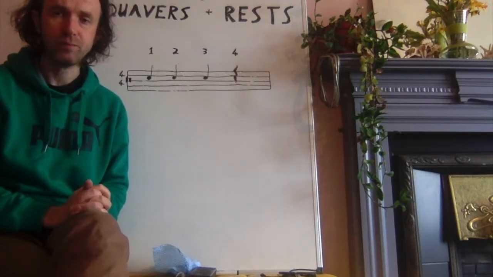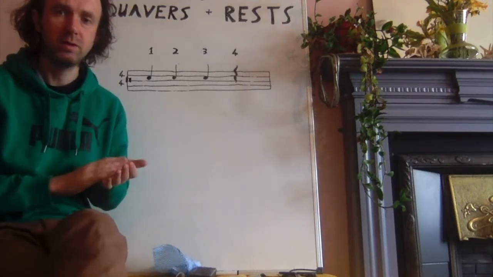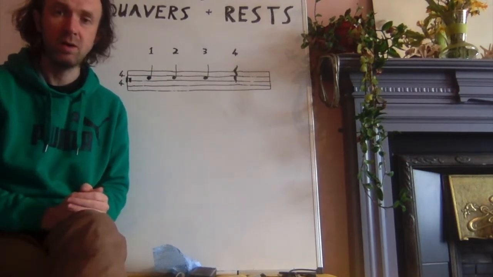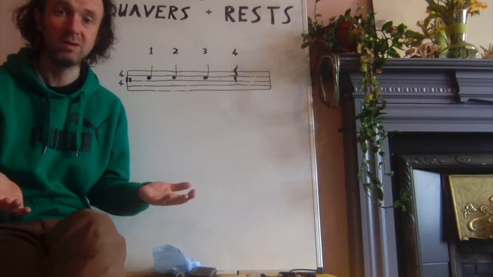So after 4, 1, 2, 3, rest. The 4th beat, you're not playing it, there's just nothing there. Let's do that again. Every time we're going to do it after 4. Maybe I'll stop saying that. 1, 2, 3, rest.